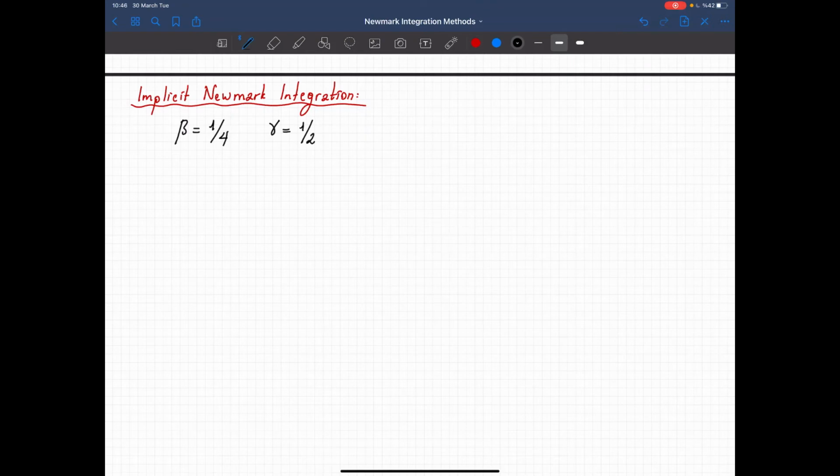So if I put these beta and gamma values in equations 1 and 2, I obtain the displacement u n plus 1 is equal to u n plus u dot n delta t plus 1 over 4 u double dot n delta t squared plus 1 over 4 u double dot n plus 1 delta t squared.